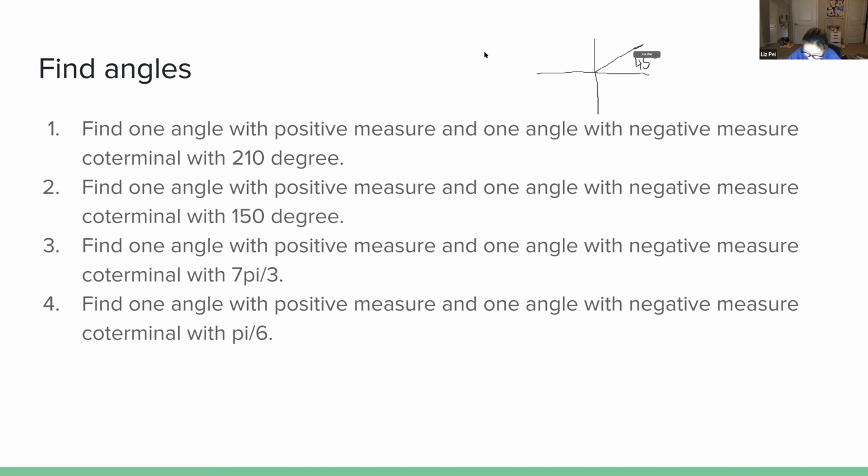A coterminal angle will be using the same line over here and then going this way, ending up with the same x-axis. So this will be negative 315 degrees. So negative 315 degrees is the coterminal angle of 45 degrees.